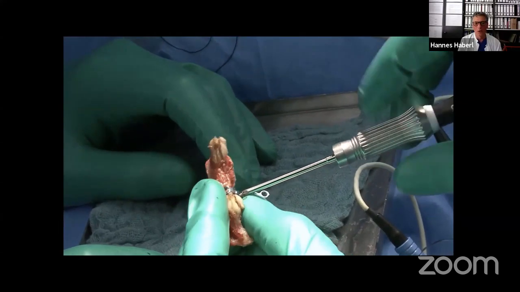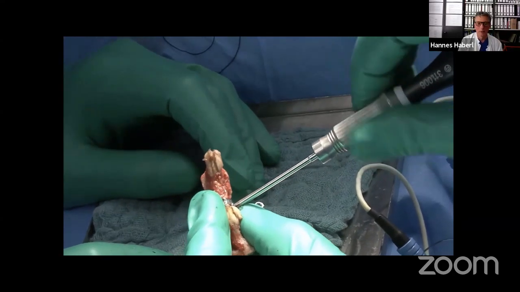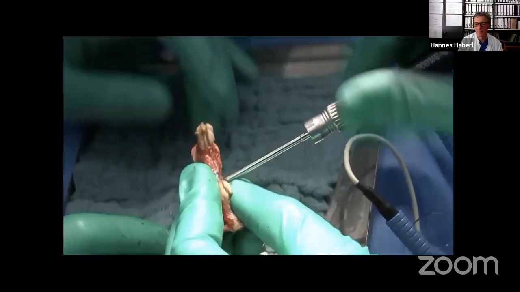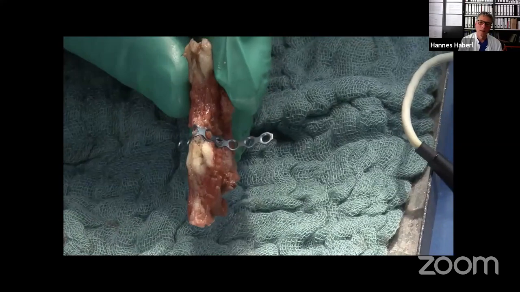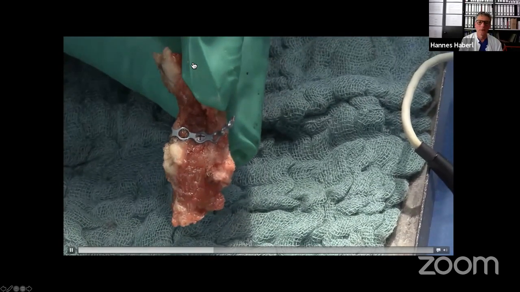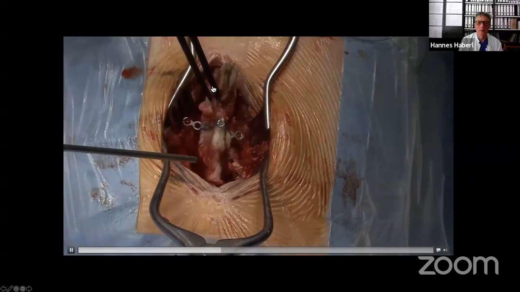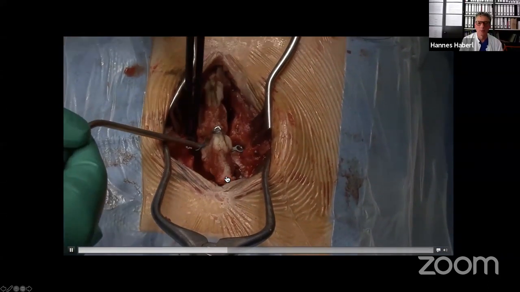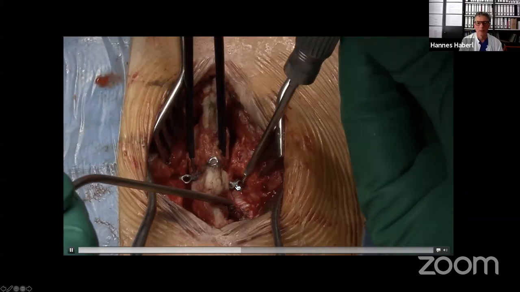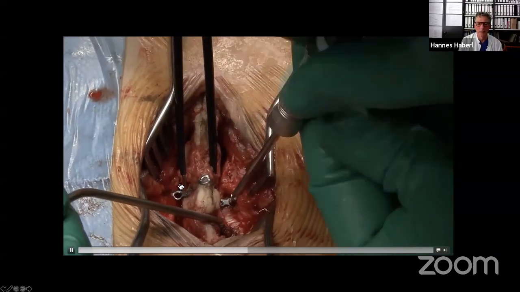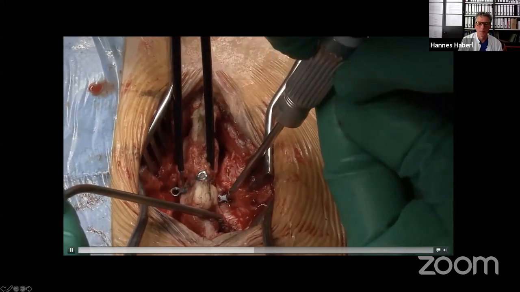So this overarching plate just prevents the spinal process from traveling somewhere where it should not be. So here you can see half a spinal process on top and half a spinal process below, and the ligaments which are preserved. And then this plate is fixed with 2 little screws.